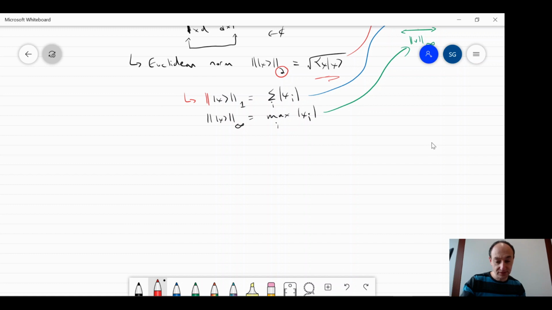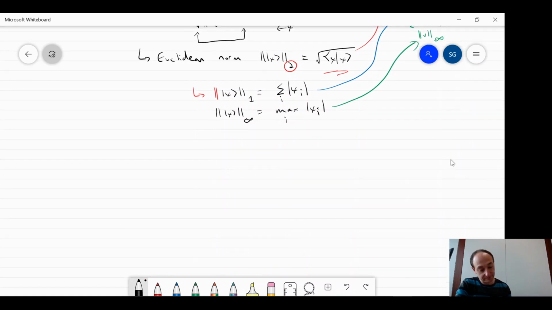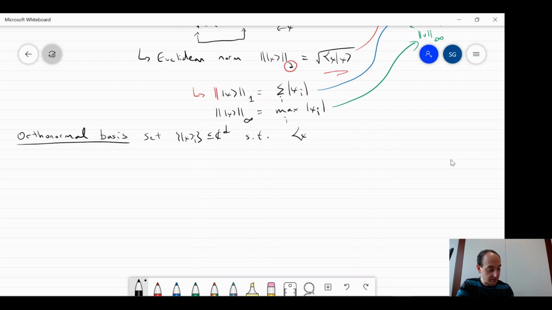So orthonormal bases. Of course now that we've defined individual vectors, we can talk about sets of vectors. Everything we do in this discussion will slowly keep building up on what we've just discussed. So remember an orthonormal basis is a set of vectors psi_i, a subset of C^d, such that the inner product of the ith vector and the jth vector is equal to delta_ij.